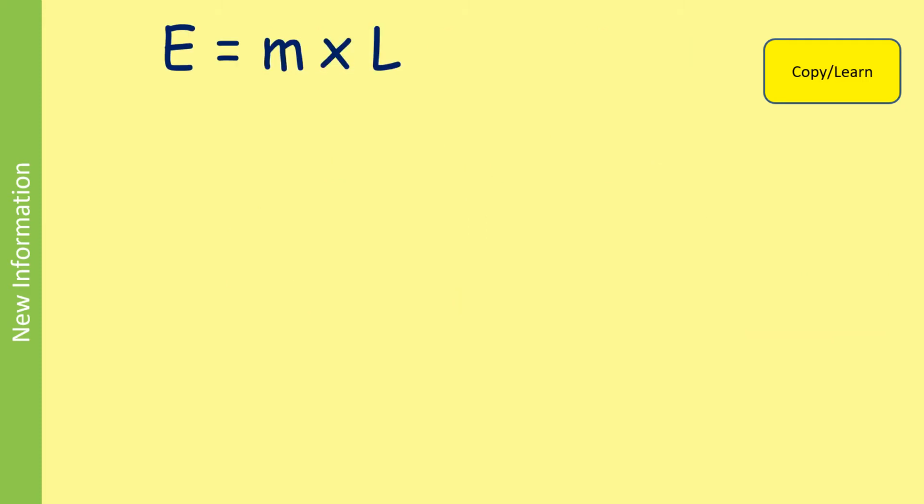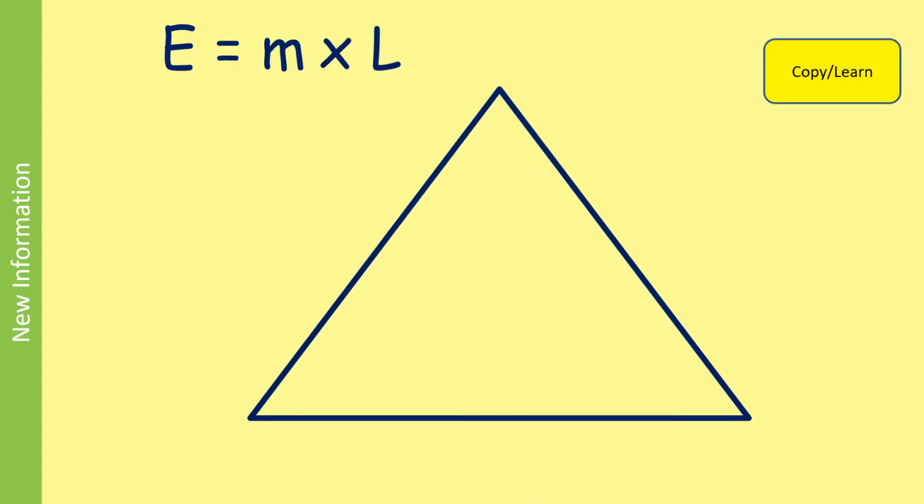Lots of students like the idea of a formula triangle. A formula triangle lets you rearrange a formula to find any one of the missing items. So if you know two of the missing items, you can always rearrange the formula to find the third. Let's do a formula triangle for this equation, E equals ml. The first thing you do is draw the triangle, and you divide the inside up as so.